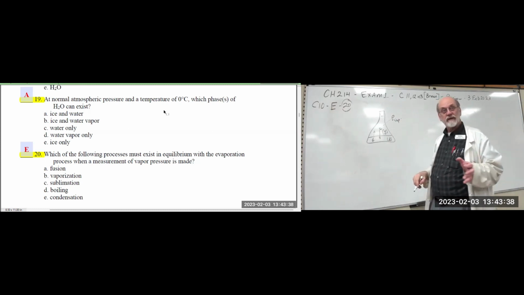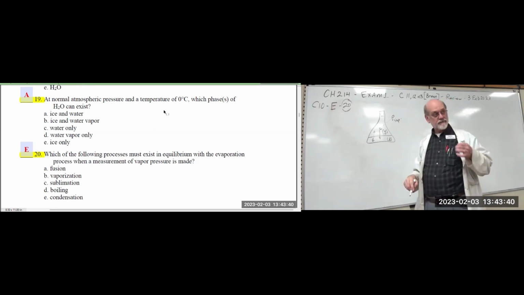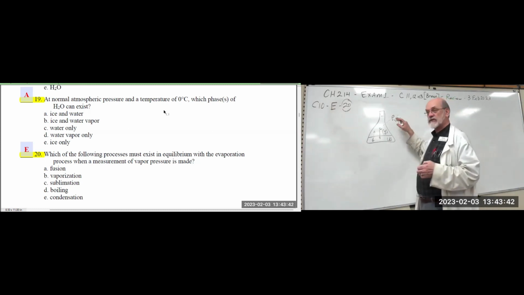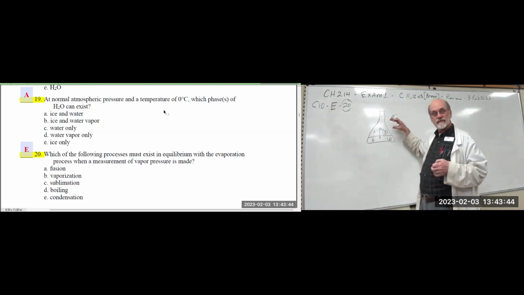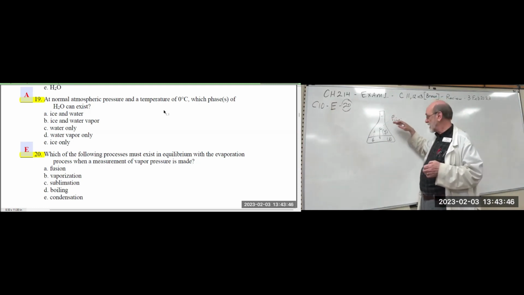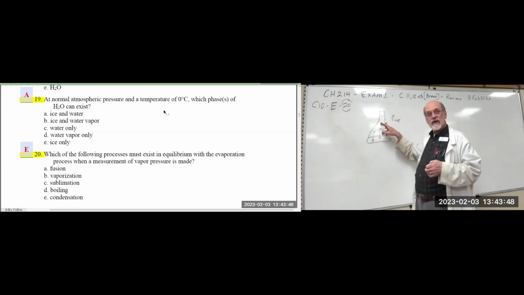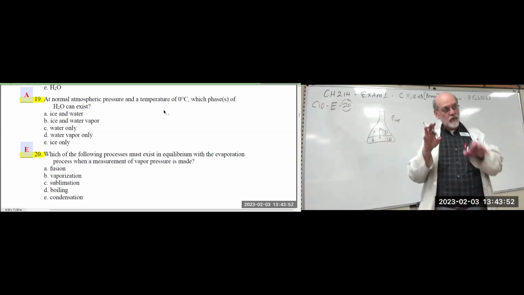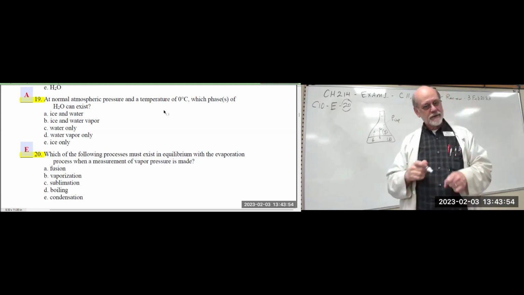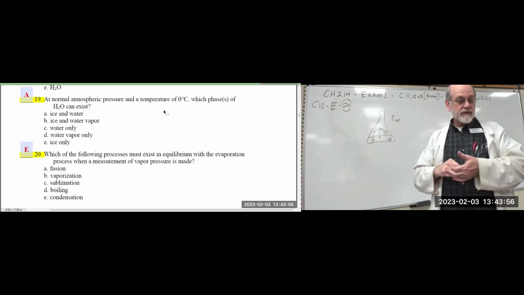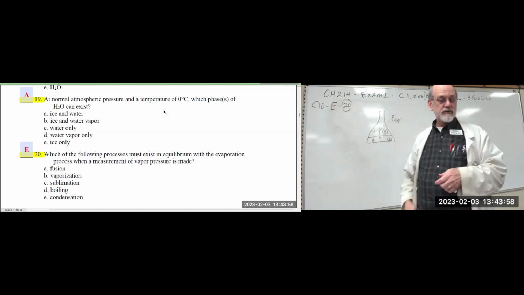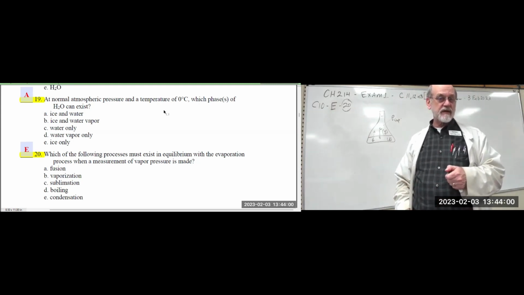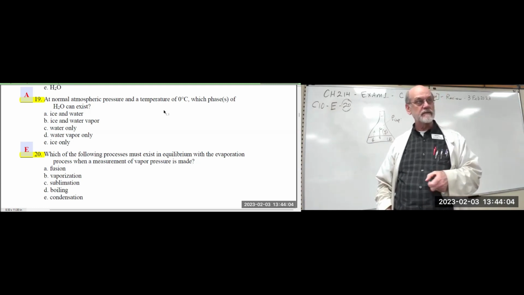At some point, at a fixed temperature, the vapor pressure stabilizes at a fixed value, and the evaporation process equals the condensation. Both those rates are balanced now. So to answer this question, the process that must exist in equilibrium with evaporation is condensation, E.